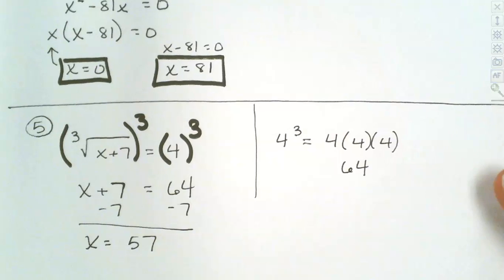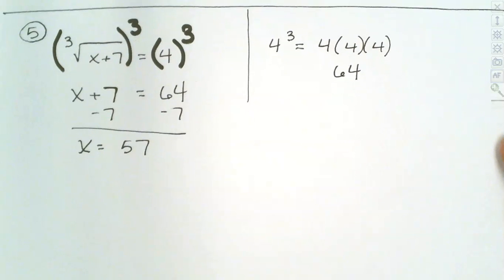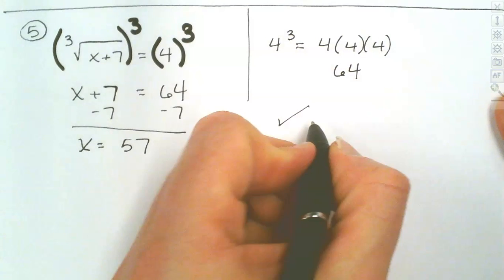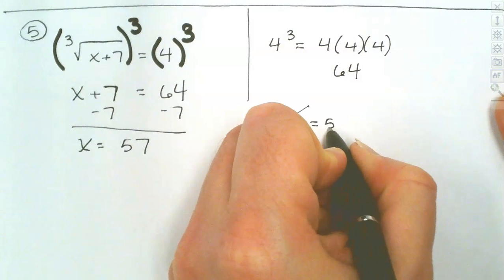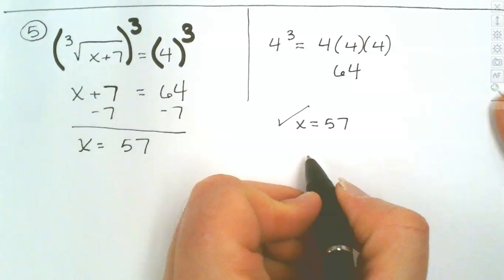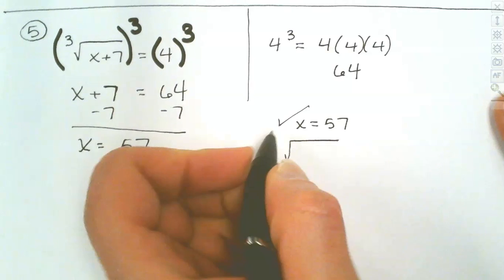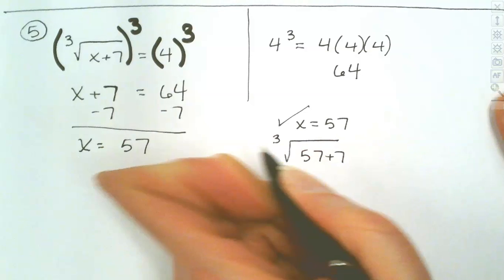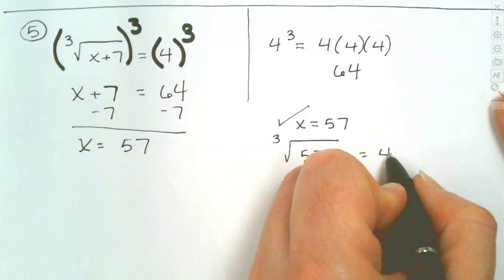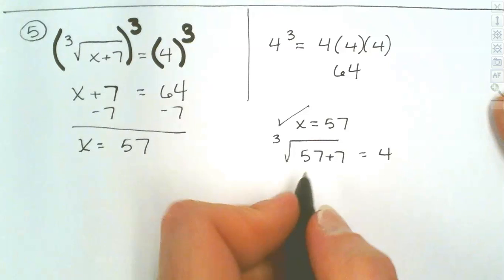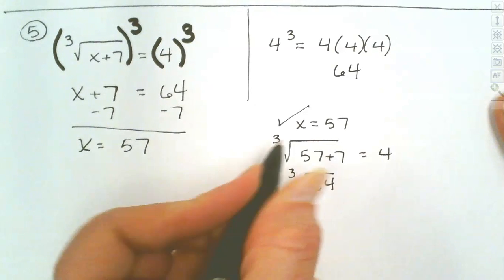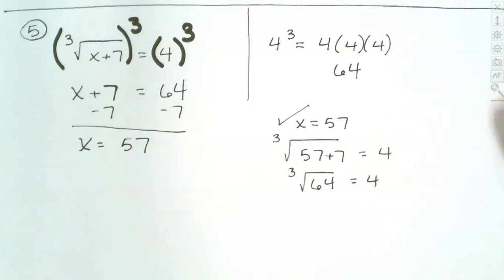It's going to work, but we'll go ahead and check it because with these roots, you always need to check. So we're going to check x equals 57. And so that's going to be the cube root of 57 plus 7 equals 4. Well, 57 plus 7, that's 64. And we already know that 4 cubed is 64.